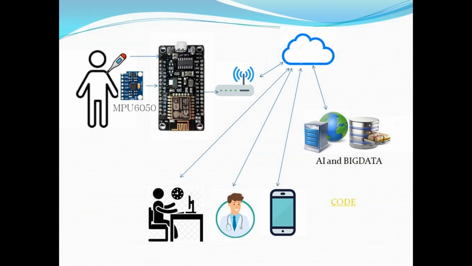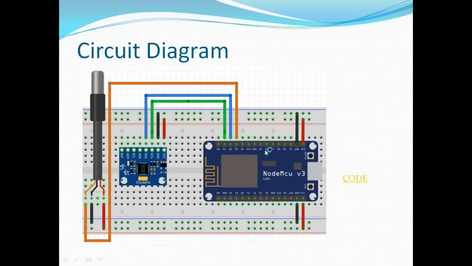Now, this was the system I was supposed to demonstrate. I'll try to demonstrate it during the next session if it is possible to manage things. It is giving a problem with MPU 6050. And this is the connection.